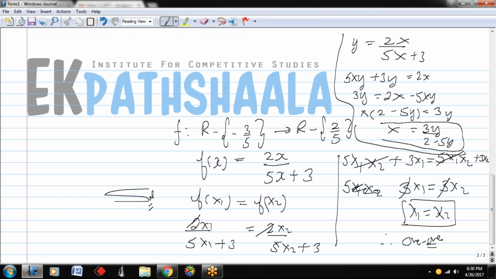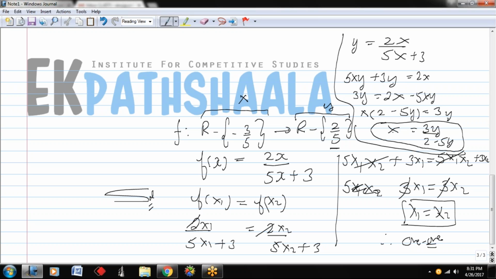Now, over here this is my y and this is my x. If I put anything except 2/5, because on putting y equal to 2/5, the denominator will become 0. So we need not put y as 2/5. If I put anything except 2/5, for any real value, 3 into y should be real, 2 minus 5 into real should be real, and real upon real is real.